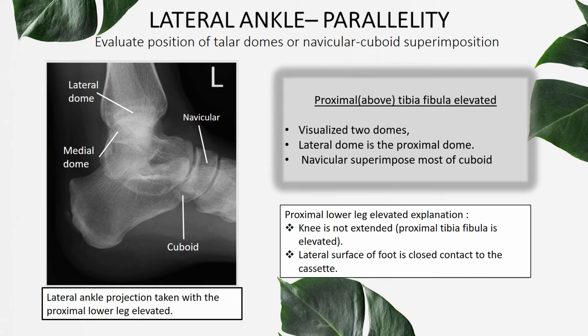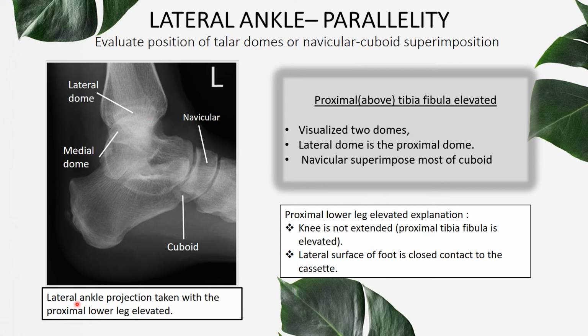Okay, this is the parallelity of the foot during the lateral ankle projection. We evaluate the position of the talar domes, or the navicular and the cuboid, which means here or here. We evaluate these two. This radiograph is taken with the proximal leg elevated.